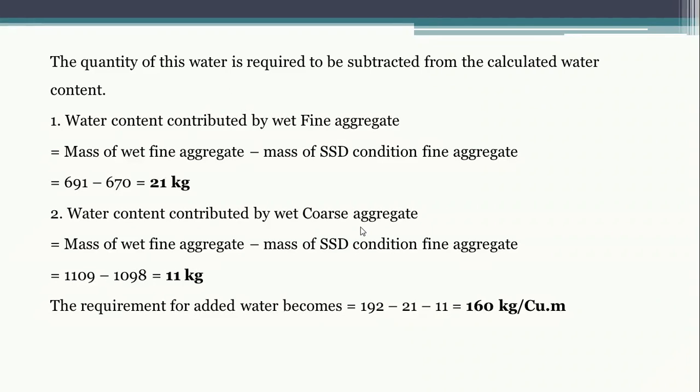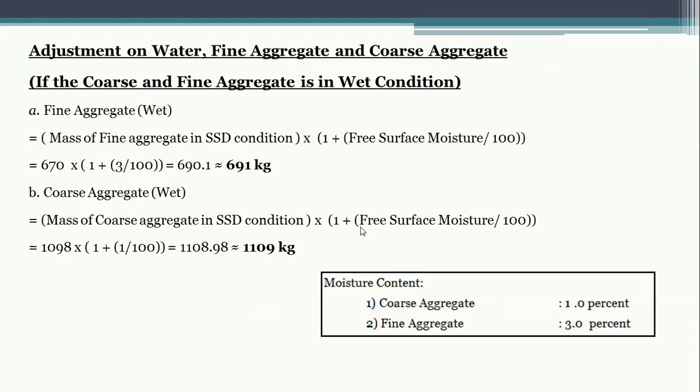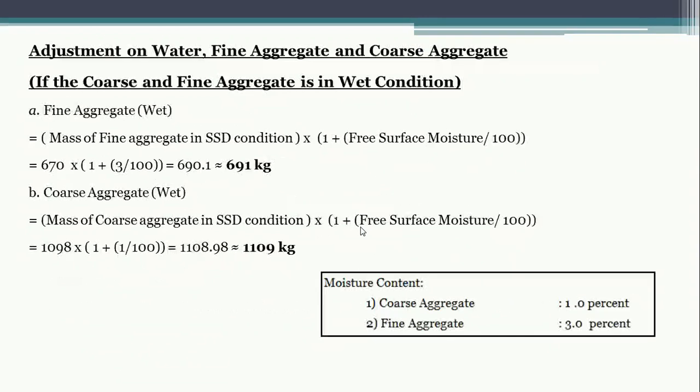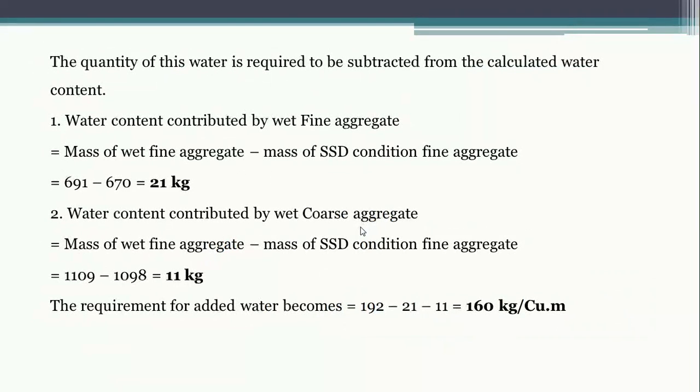Here the water content contributed by fine aggregate is equal to mass of wet fine aggregate minus mass of fine aggregate in SSD condition. The mass of wet fine aggregate is 691, which we calculated in the previous step, minus the SSD mass of 670. The difference between those two is 21 kg. So based on the free surface moisture present, the water content has been exceeded by 21 kg for 1 cubic meter.